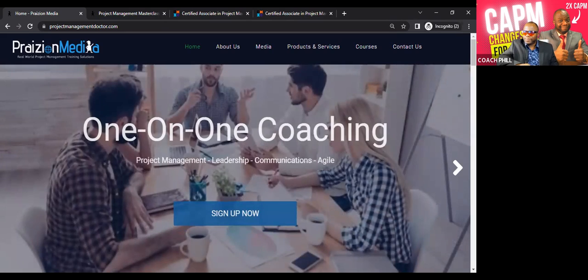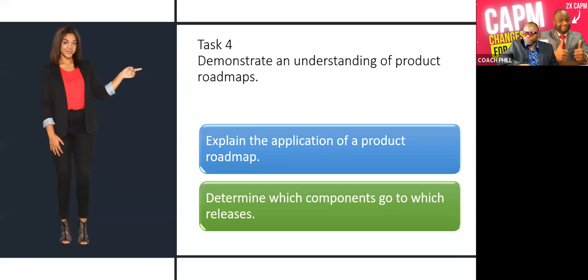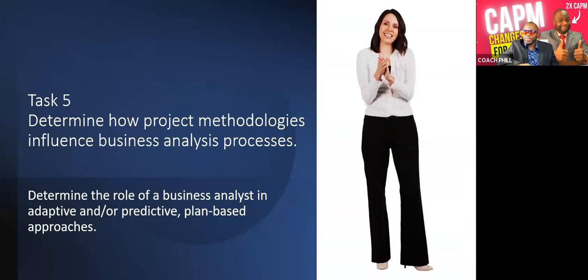All right, determine which components go to which releases. Again, very Agile language. Task 5, determine how project methodologies influence business analysis processes. The task here is determine the role of a business analyst in adaptive and or predictive or plan-based approaches.